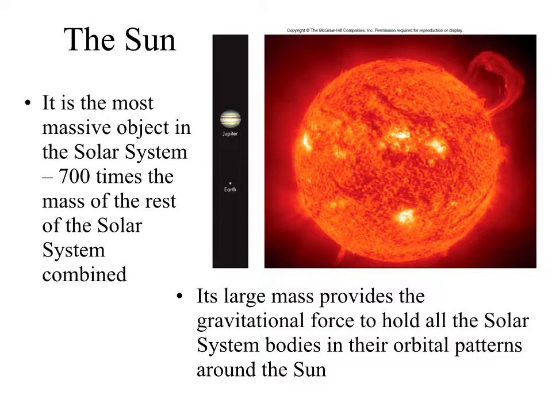Now, by Newton's gravitational law, this shows why the sun drives our solar system. Everything in our solar system orbits around our sun. Its large mass provides the gravitational force to hold all the solar system bodies in their orbit patterns around the sun.